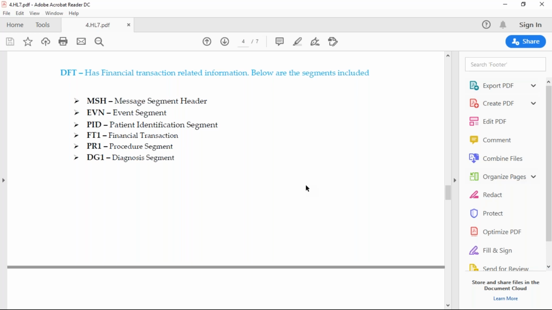So that is one type of charge which can be charged to the patient. There are usually three types of charges. Number one is the charge for the visit, which is a kind of consultation. Number two is charges for the procedures that have been performed by the doctor.